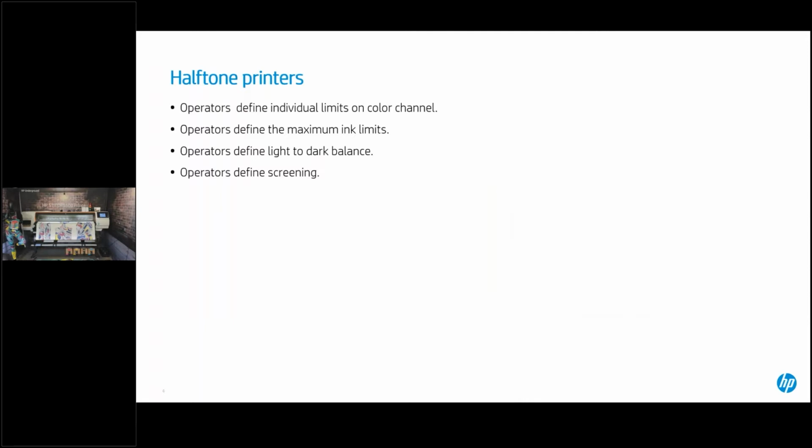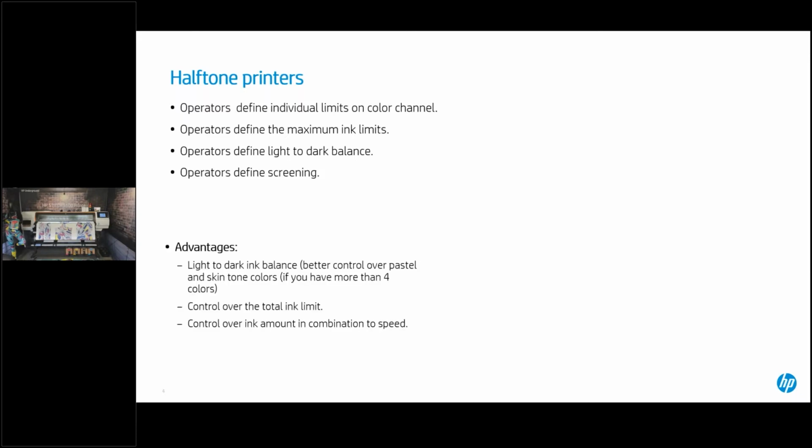So with halftone printers, the operator defines all the individual ink limits and the color limits per channel. The operators also define the max ink limits, the light to dark balance, and the screening. Some of the advantages of this are light to dark balances. You have better control over your pastels, your skin tones, and in some cases you even have more than 4 colors.